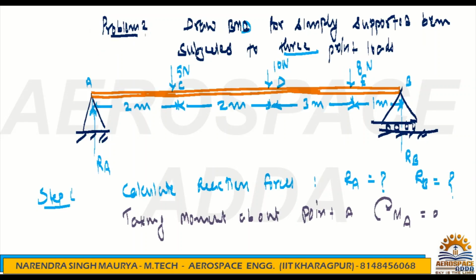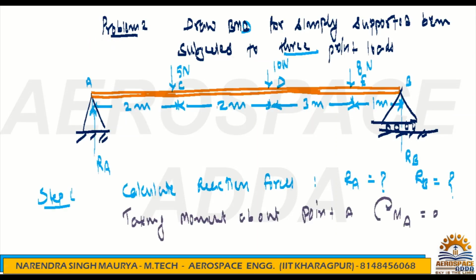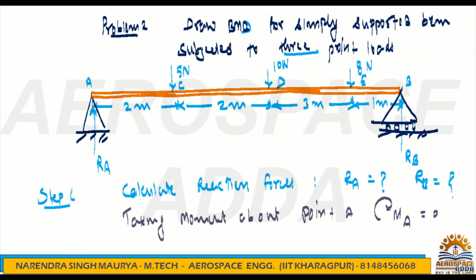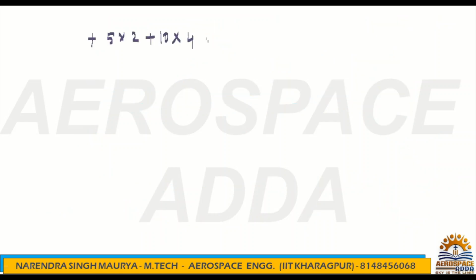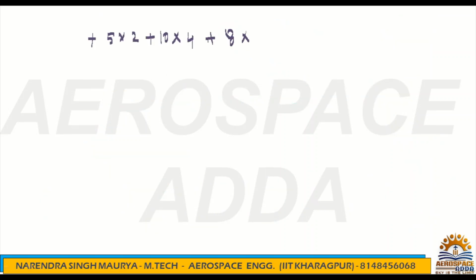Similarly, the next force is 10 newton. This is also a clockwise moment, 10 into the distance from point A, which is 2 plus 2, 4. Then the next force is 8 newton. This is also clockwise about A, and the distance is 2 plus 2, 4, plus 3, 7.